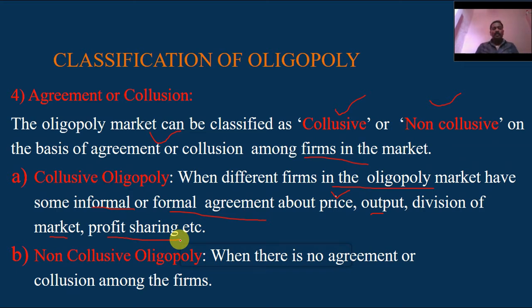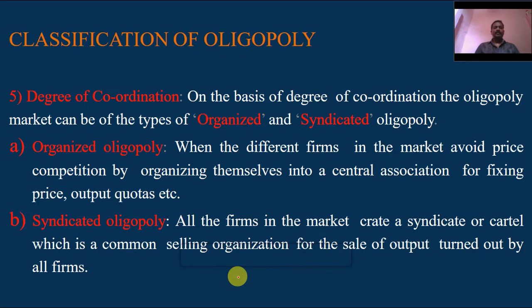So this is a collusive oligopoly. Then non-collusive is when there is no agreement or collusion among the firms. Since only a few firms are there, they may make a collusion to earn supernormal profit.